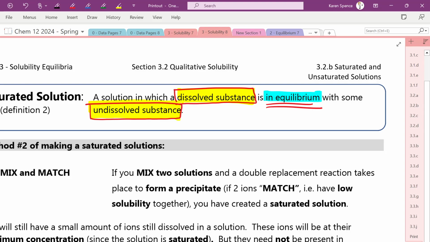What happened there was our precipitate was PbI2. If we get a precipitate, that means that the solution was saturated with lead and iodide ions. So if a precipitate forms, the solution had to have been saturated. It means there's not enough room in the water for the rest of those ions, so they came out as a solid.